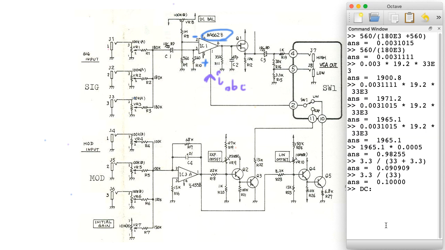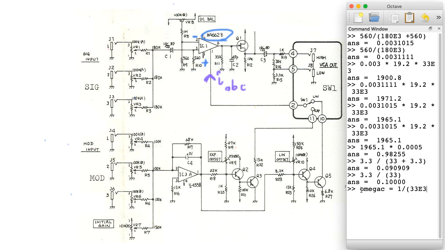At DC, we could use this gain formula of 1965.1 times IABC. And on top of that, we can pile a one-pole low-pass effect. Now, the cutoff frequency for that in terms of radians per second would be 1 over the time constant associated with this resistance and capacitance.